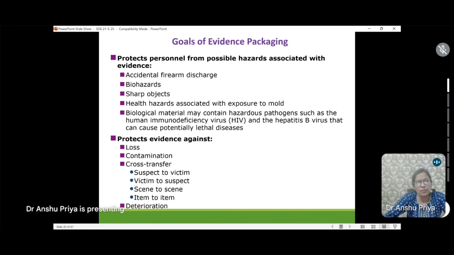And also our purpose is to protect the evidence, not only ourselves. The evidence should not be contaminated, should not be cross-transferred, and should not deteriorate. So these are the aims of evidence packaging.